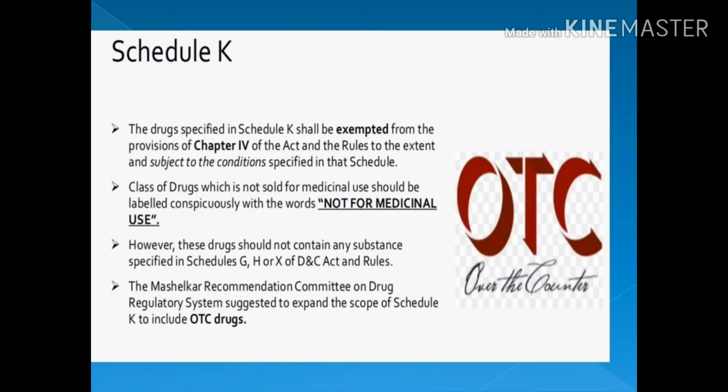Schedule K includes quinine sulfates and other antimalarial drugs, drugs supplied by an RMP to his own patients, drugs supplied by hospitals or supported by government or a local body, and substances which are used both as articles of food as well as drugs, and household remedies. Examples of these Schedule K drugs are paracetamol tablets, analgesic balms, antacid preparations, calcium preparations with or without vitamin D, gripe water for use of infants, inhalers, etc.